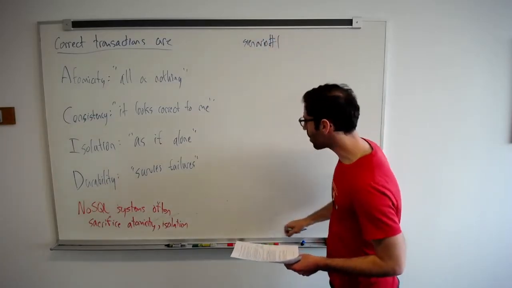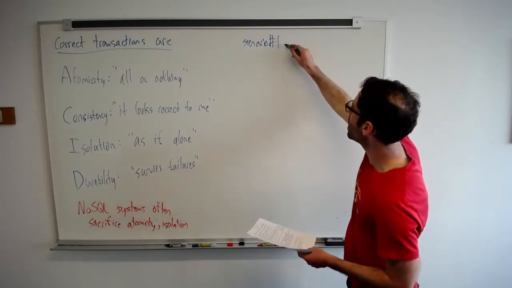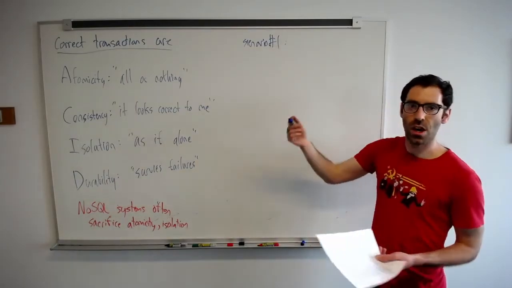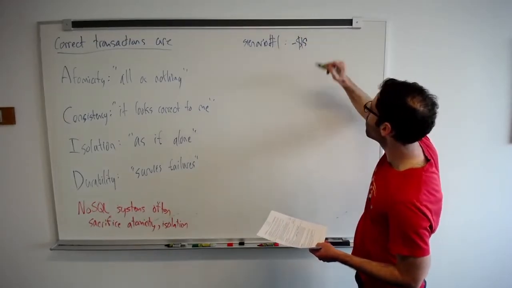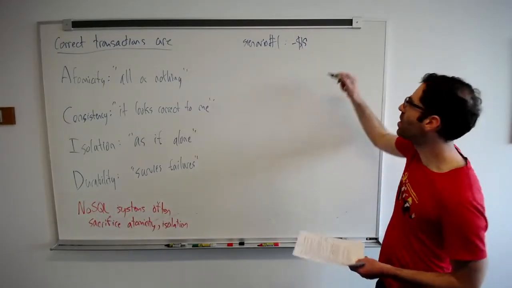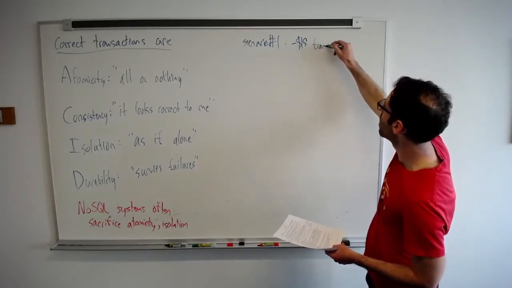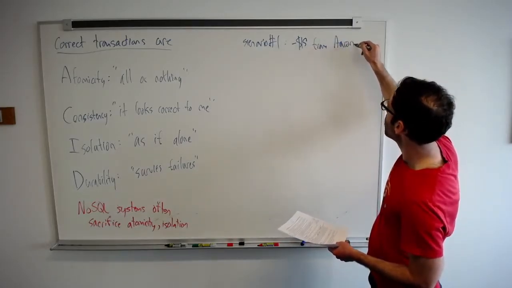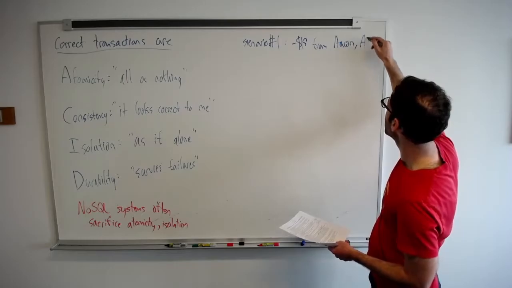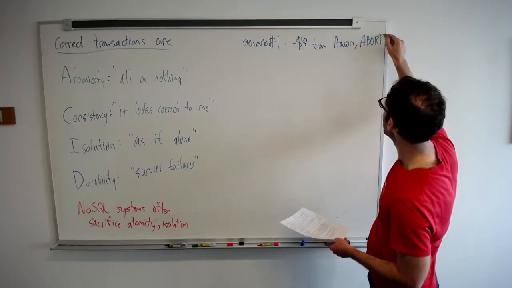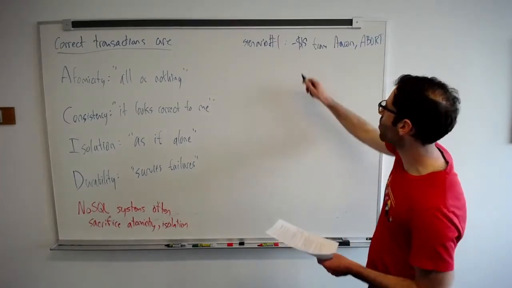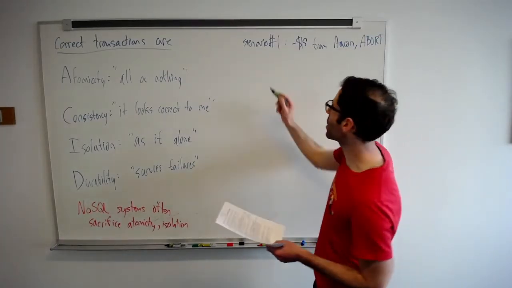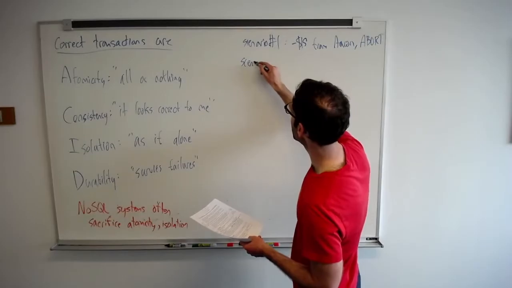Scenario number one would be, let's say that we deduct $15 from my account, but then later on the transaction aborts. So we've deducted this $15, but then the transaction aborts.